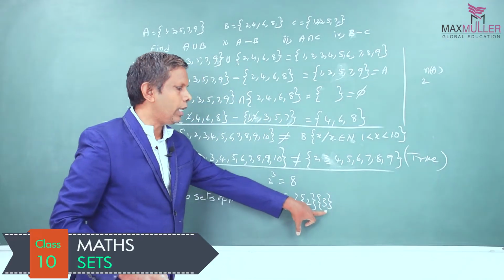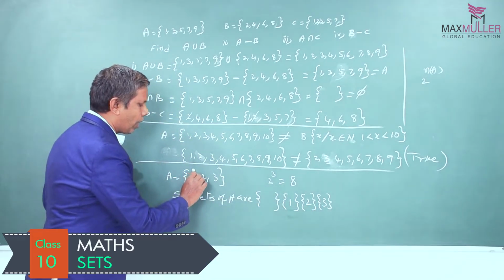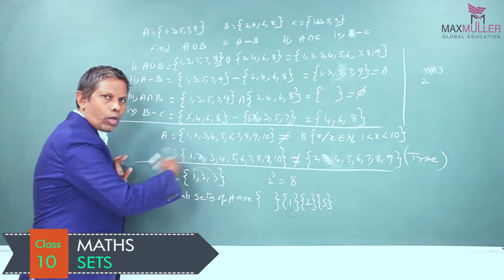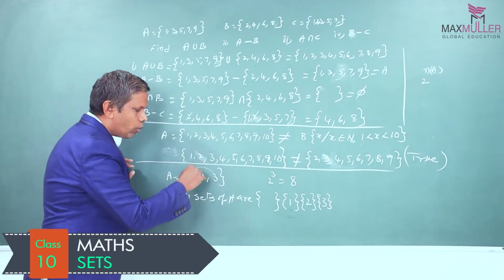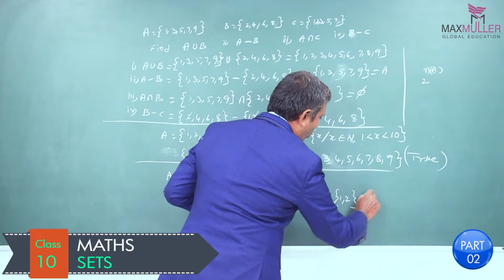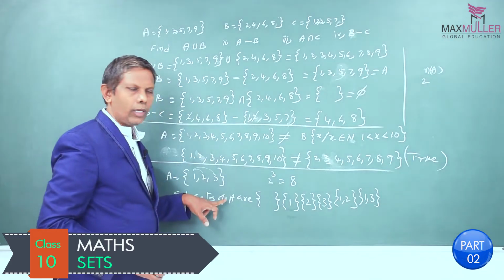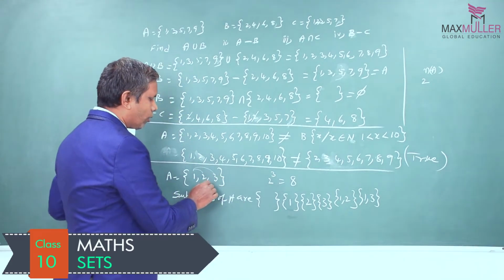After that I can write 1, 2 and 1, 3. Don't repeat. 1, 2, 1, 3. This is completed.